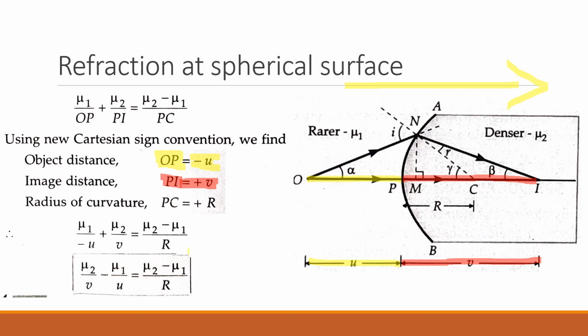Fine. Now consider your radius of curvature PC. This distance is the radius of curvature PC. Now PC is also measured in the direction of incident light, so this will also be positive. So instead of OP, I'll write minus u.